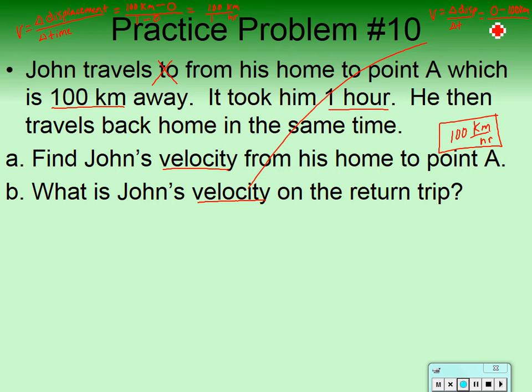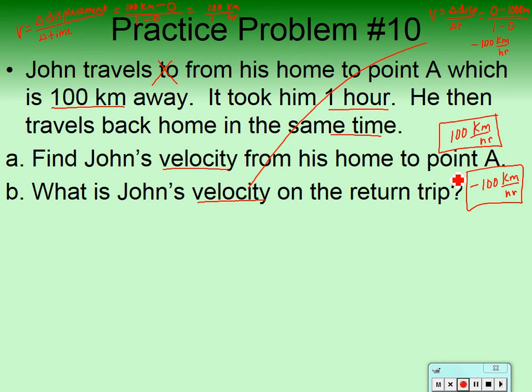It said he completed that in the same amount of time, which was 1 hour, so 1 minus the initial time, which is always going to be 0. So we're going to get minus 100 kilometers divided by 1, so it's just kilometers per hour. So it's a minus 100 kilometers per hour on his return trip.